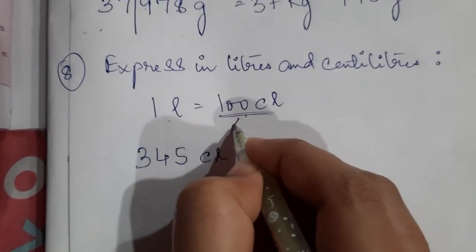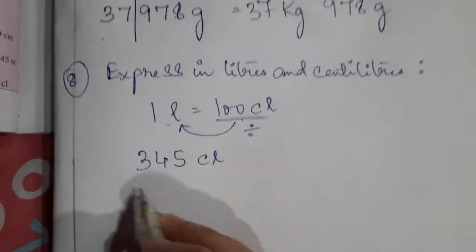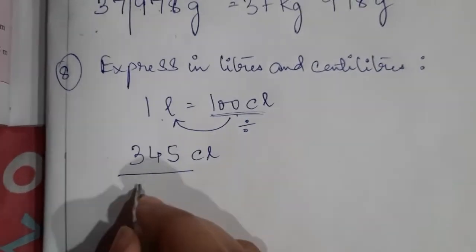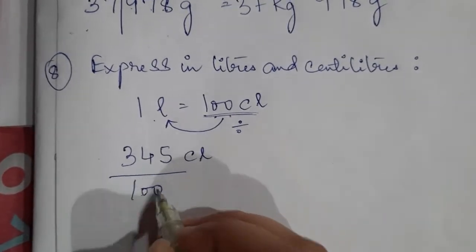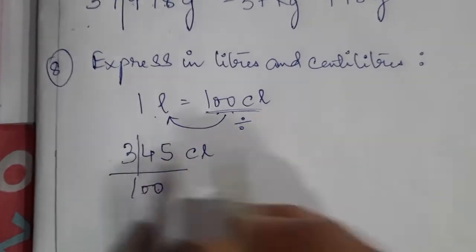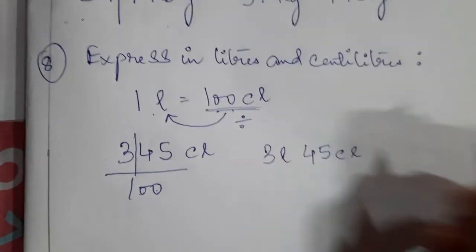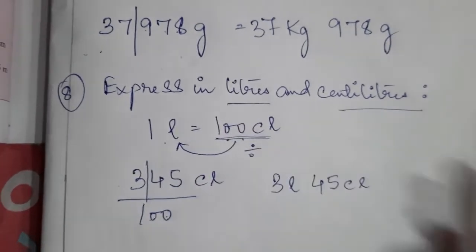So when we are moving from this to this, what do we do? We divide, right? And what are we going to divide this number with? Of course, we are going to divide it with 100. 2 zeros, skip 2 numbers, put a bar here. We have to express in liters and centiliters, right?